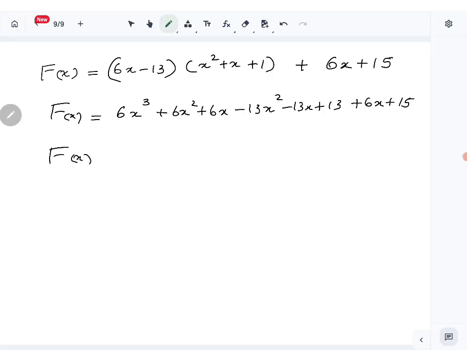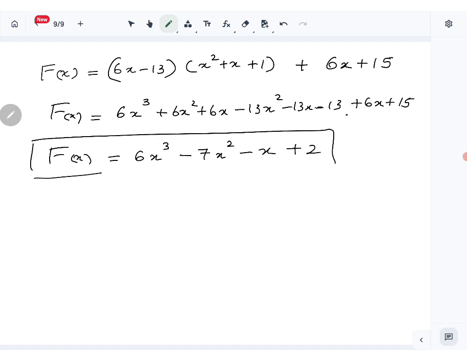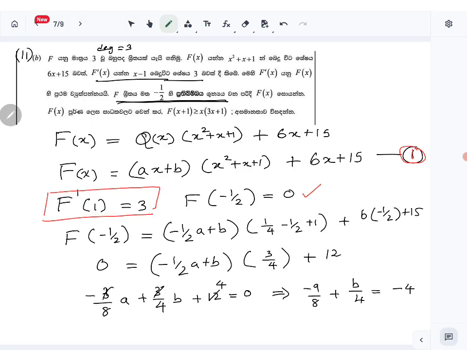So then 6x cube minus 7x squared minus x. Right, this is minus 13, not plus 13. Minus 13 plus 15, 2. So that is the third degree polynomial, or the cubic polynomial we wanted. Right, so that is done.